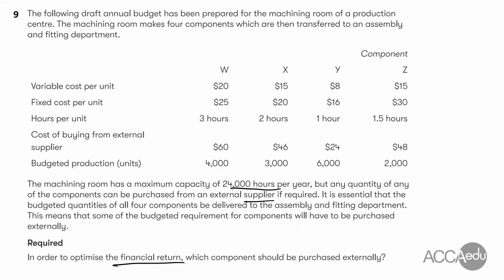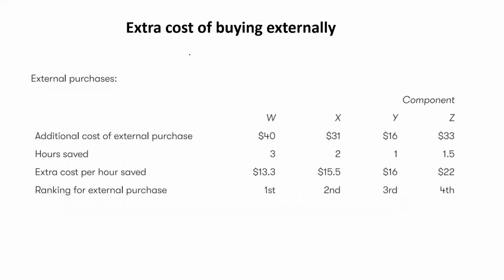So we do the cost benefit analysis on the external purchase. How much extra should we pay if we are buying from a subcontractor or external supplier? So let's do this table, extra cost of buying externally.